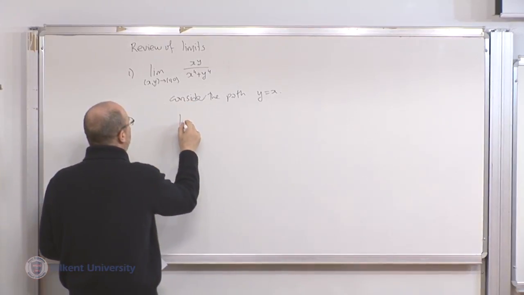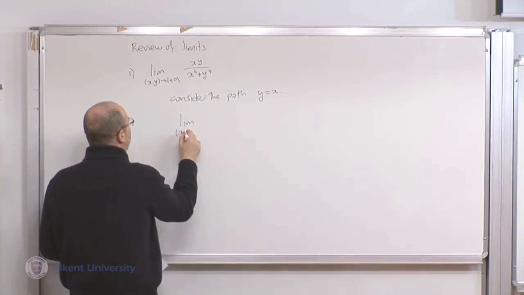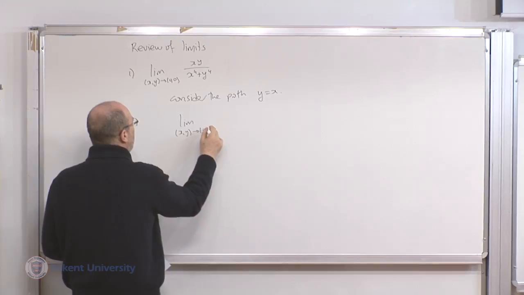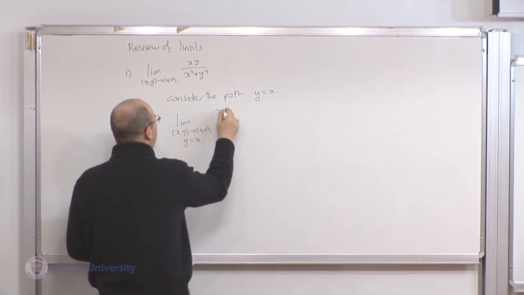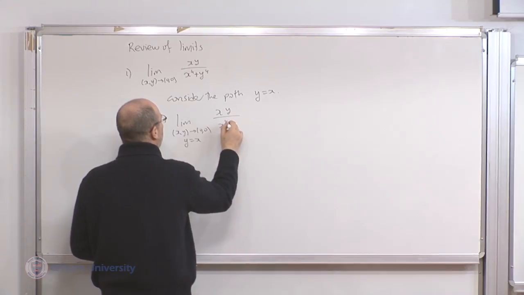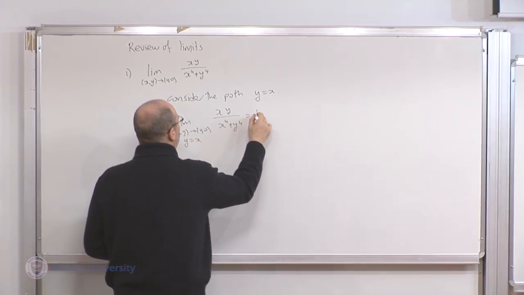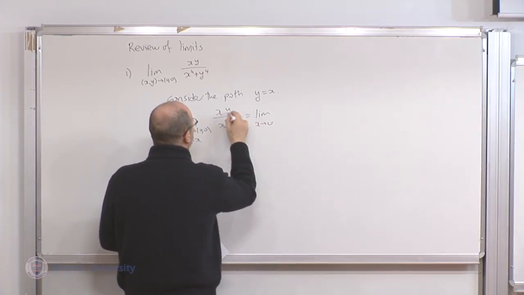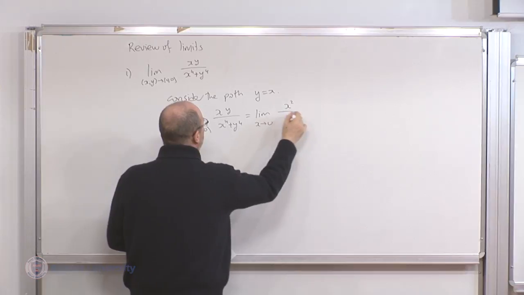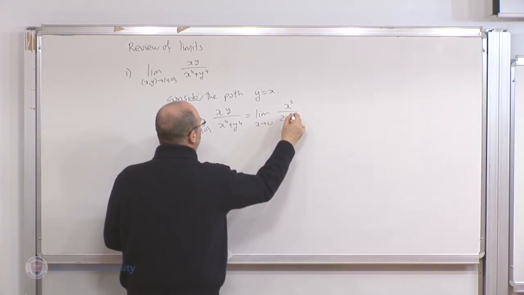So we look at the limit as (x,y) goes to (0,0), but we restrict it to the path y equals x, of xy over x to the 4 plus y to the 4. Now this becomes, as x goes to 0, x squared over 2 times x to the 4.